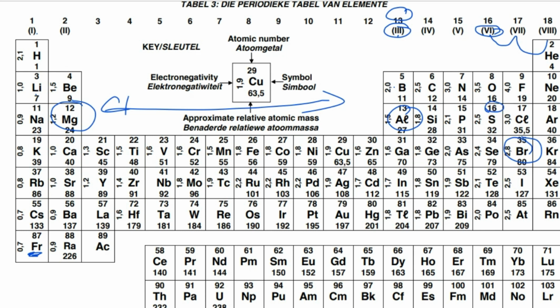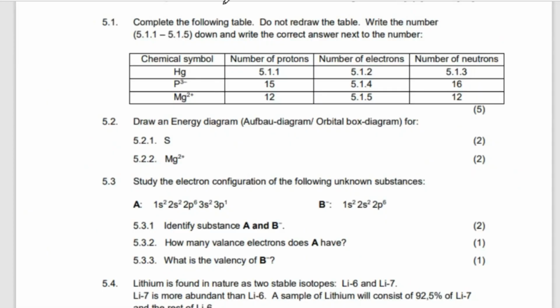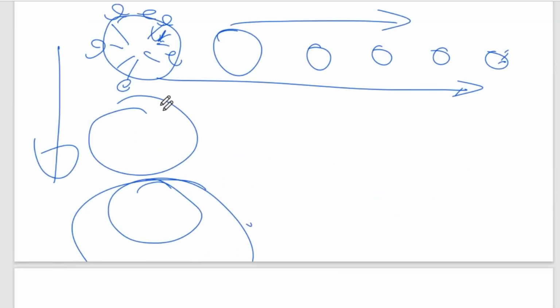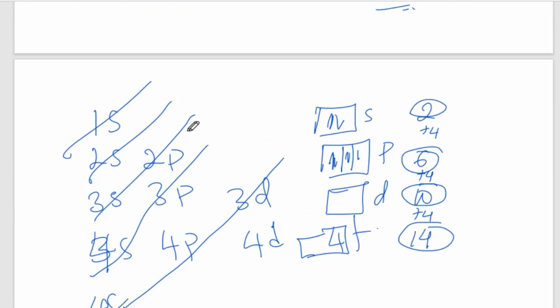So it means that you're going to come here and then you start drawing. Using this, the first shell is going to be 2.